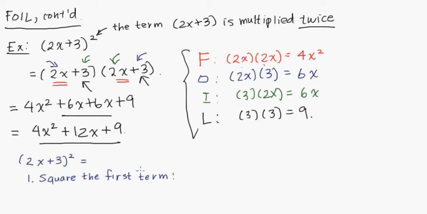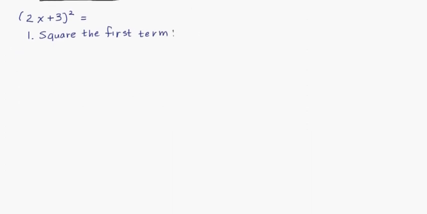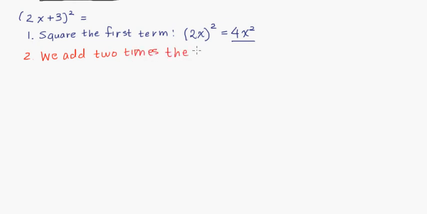Now to square the first term, we just do 2x. The whole term has to be squared. And so 2 squared is 4 times x squared. So we have 4x squared. Then next, we add 2 times the product of each of the terms.